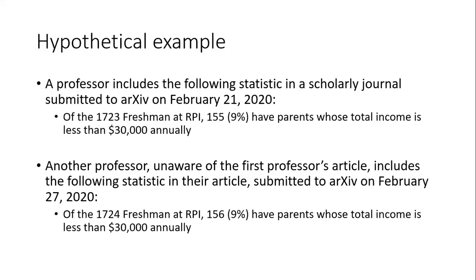I don't think there's anything that could be really more de-identified than just this aggregate, right? 1,723 freshmen at RPI, 155 who meet this criteria.